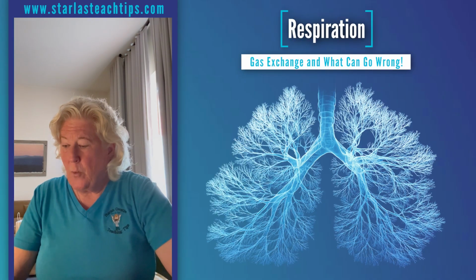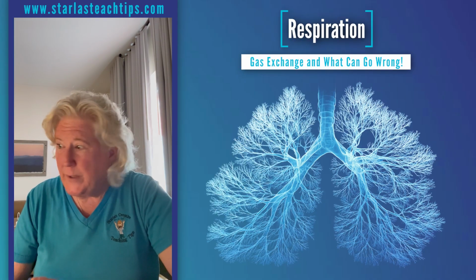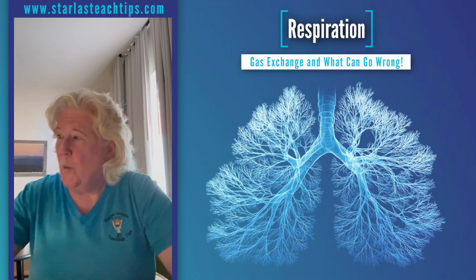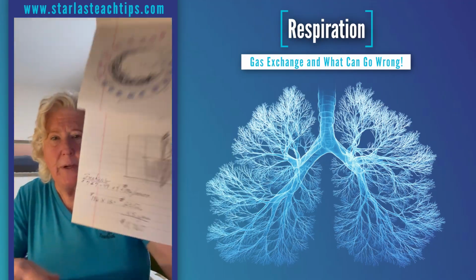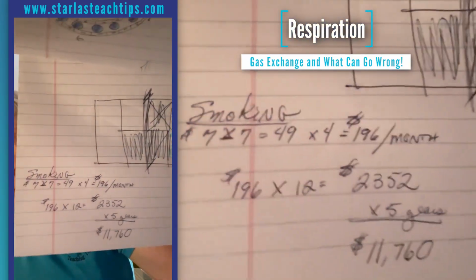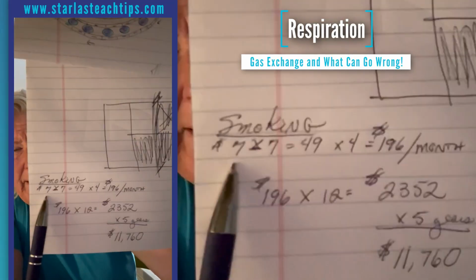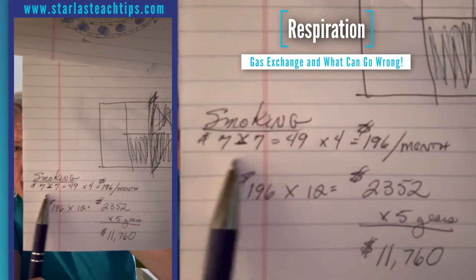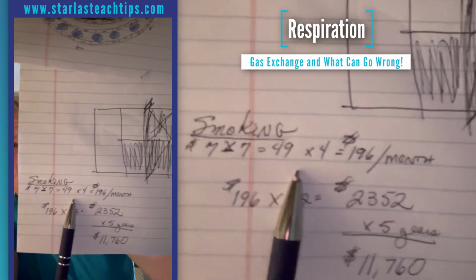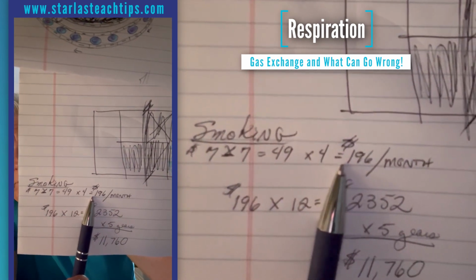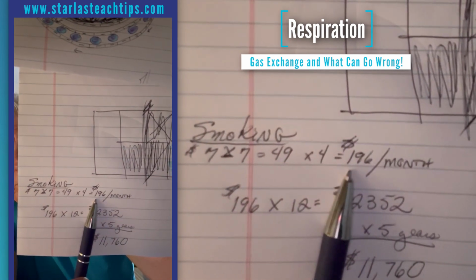So I want you to see how important it is that you understand smoking. Let's just say it's $7 a pack, and I'm a pack-a-day smoker, so that's $49 a week. And then this is how much it costs per month, $196.